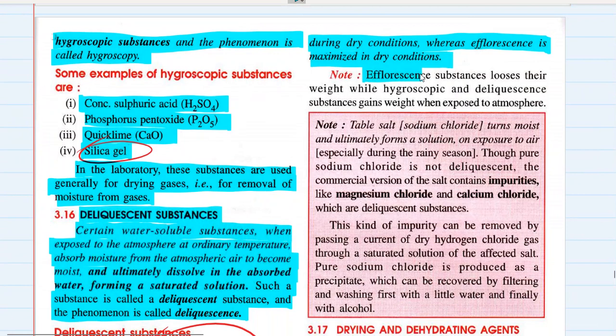Efflorescent substances lose their weight while hygroscopic and deliquescent substances gain weight. Now, what is the difference between hygroscopic and deliquescent substances? They both absorb moisture from atmosphere, but hygroscopic substances do not dissolve in that moisture. They remain dry even after absorbing the moisture. But deliquescent substances dissolve in that absorbed moisture and become a saturated solution.